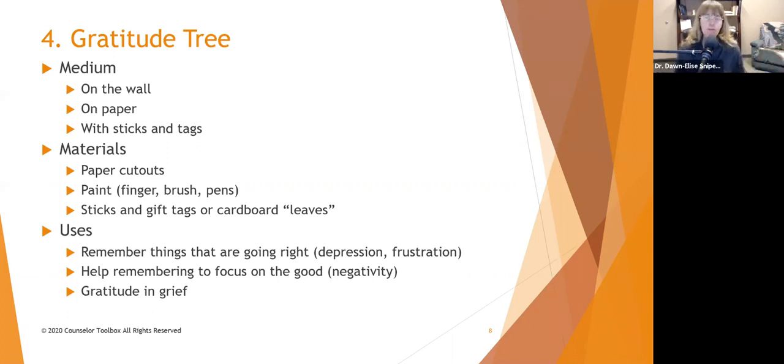It can help people remember to focus on the good things that day, to get them out of that negative mind space. If they have to come into work or come into class or sit down at the dinner table and identify one thing that they're grateful for, it's going to put them a little bit more in that positive mindset. It's going to force them to get out of a negative mindset, at least for a minute.